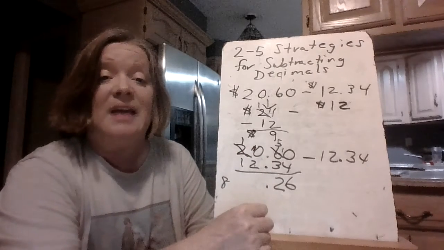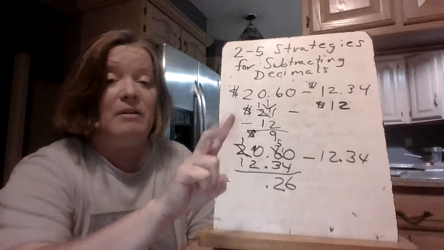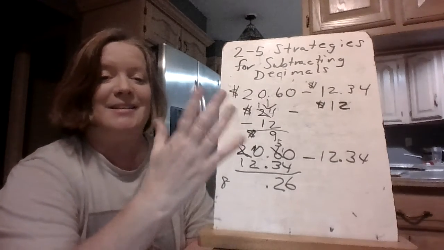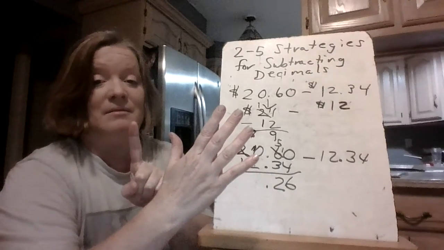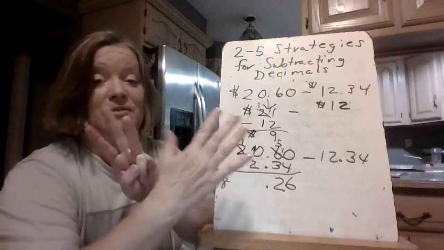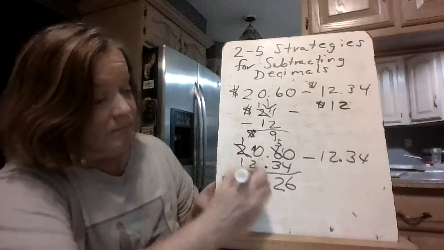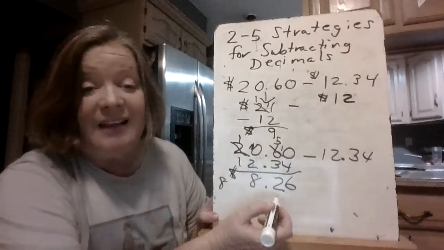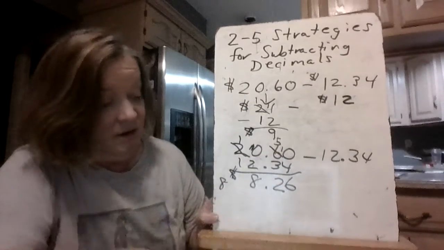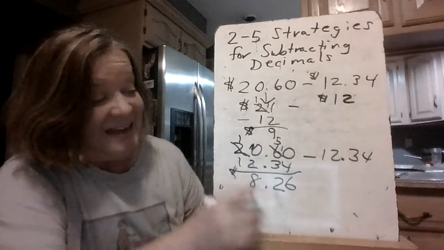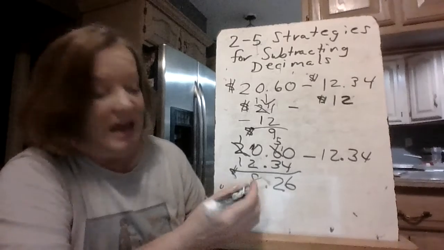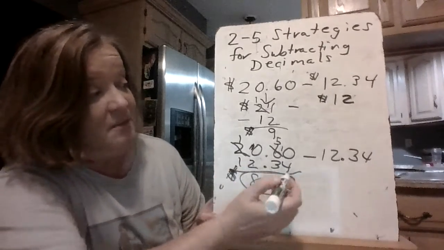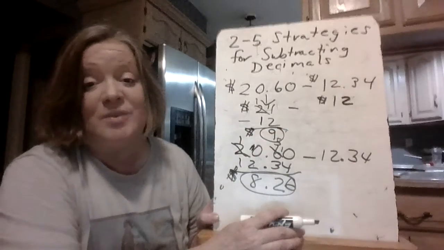Count up from 2 to 10. Don't count 2. 3, 4, 5, 6, 7, 8, 9, 10. So that's 8. And 1 from 1 is 0. So my real answer, or the actual answer, is 8 and 26 hundredths, or $8.26. But that's pretty close to my estimate, which I said was 9.